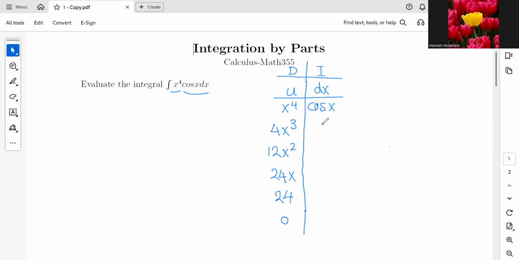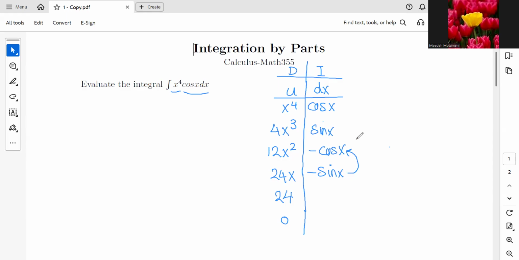We know that the integral of cosine is sine of x, and the integral of sine of x is negative cosine of x. And the integral of negative cosine is negative sine of x. And whenever you are unsure about the negative or none, just take the derivative of this one. So is the derivative of negative sine of x the same as negative cosine of x?